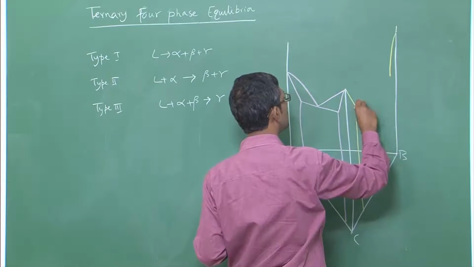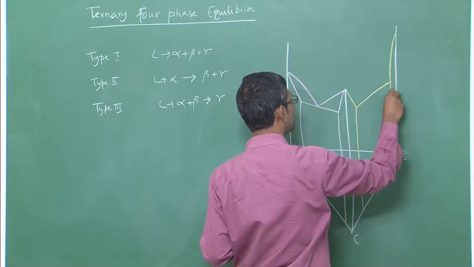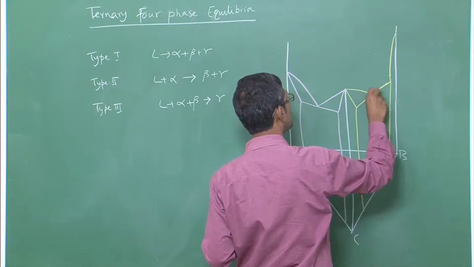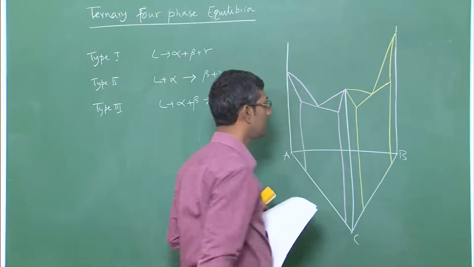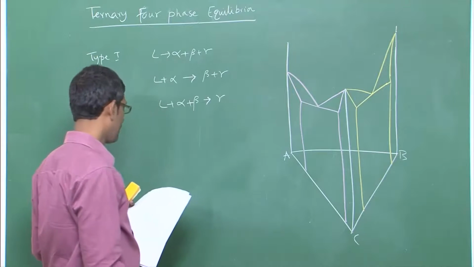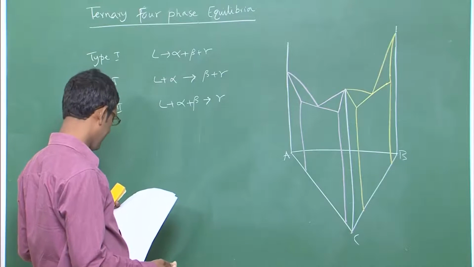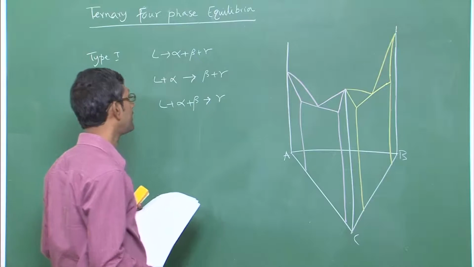So, right, but a third one, that is between A and B, forms a peritectic.